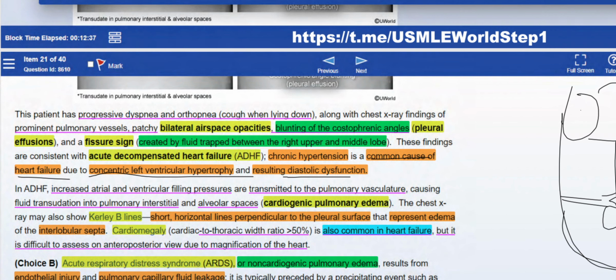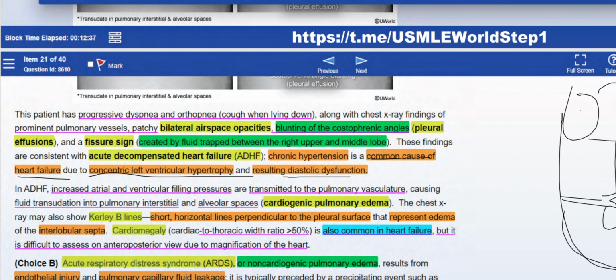This patient has progressive dyspnea and orthopnea, cough when lying down, prominent pulmonary vessels, patchy bilateral airspace opacities, blunting of the costophrenic angles, pleural effusions, and fissural sign, created by fluid trapped between the right upper and middle lobe: acute decompensated heart failure.